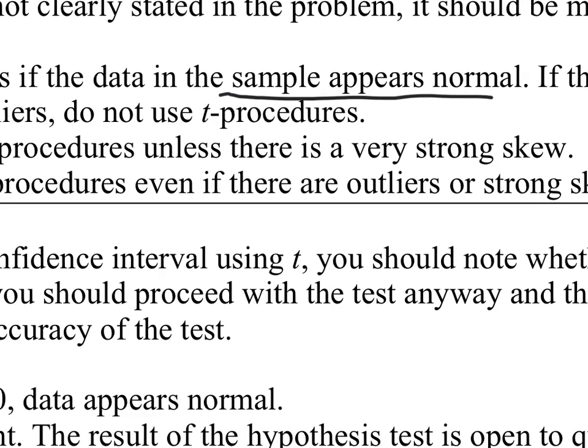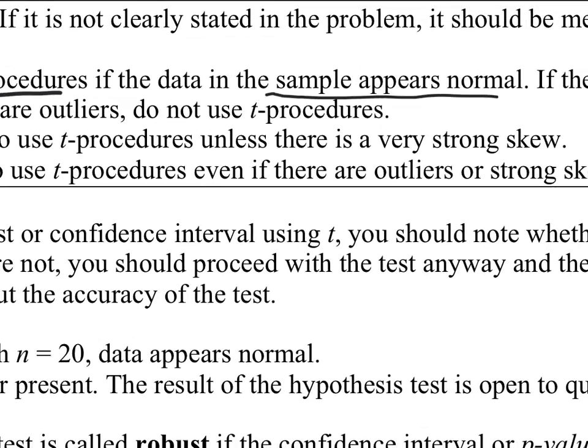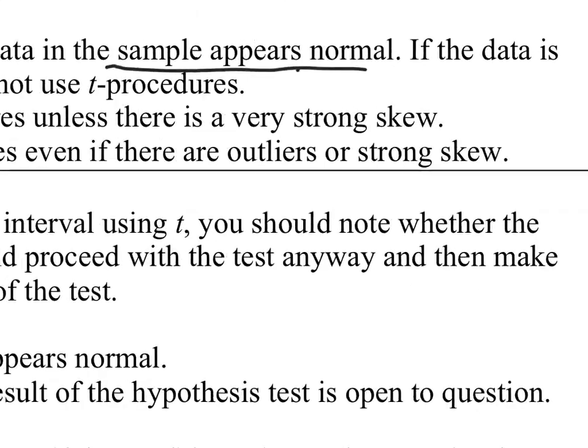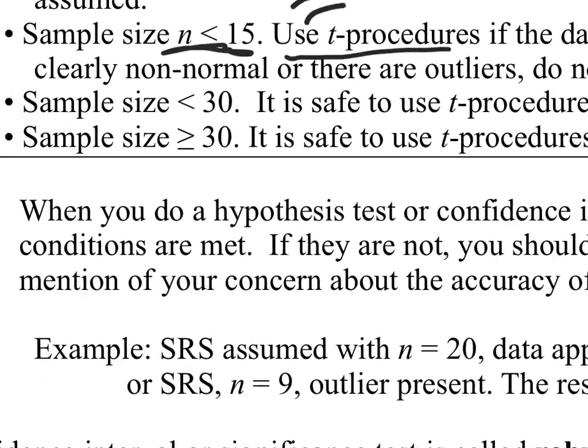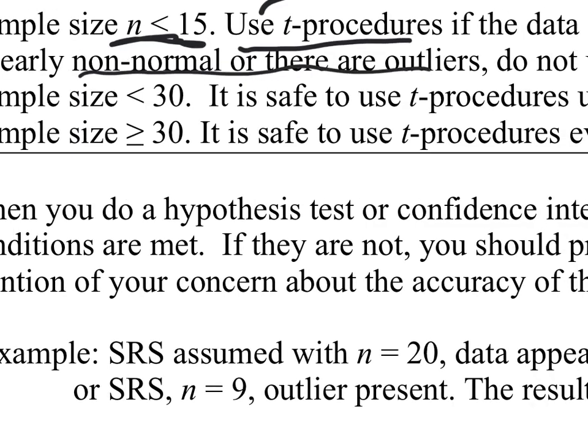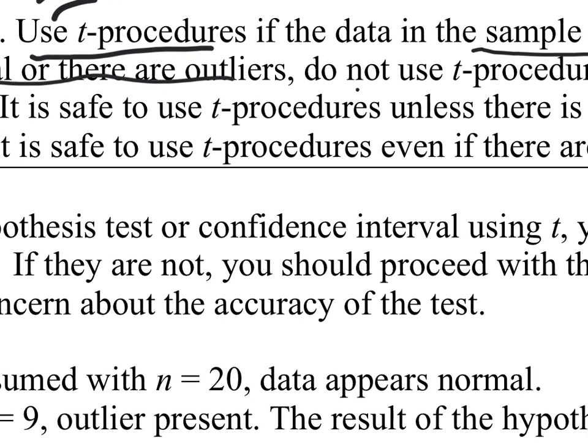So let's see. If your data is less than 15, use it if the sample appears normal. If the data is clearly non-normal or there are outliers, do not use the T procedures. It doesn't have to be perfectly normal.